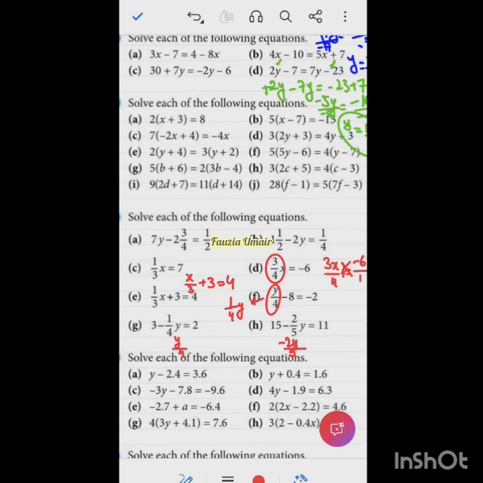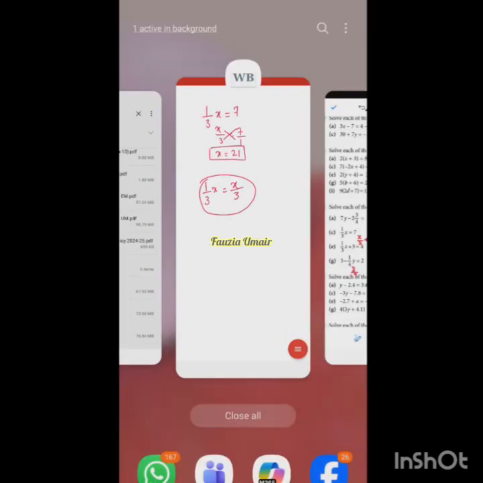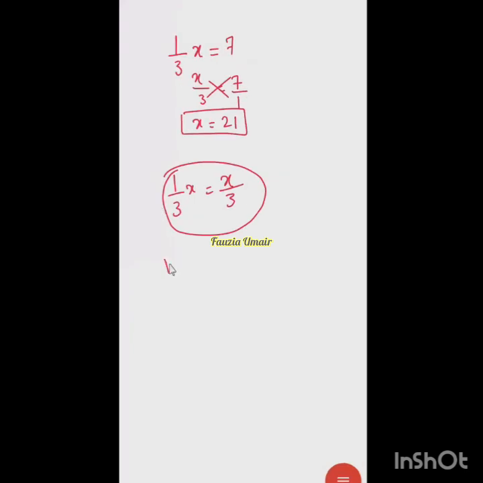Yes, ma'am. So do you want to do any question of question 4 together? Should we solve the last part together? Yes. All right. So let's solve the last part. 15 minus 2 by 5y is equal to 11. ठीक है?